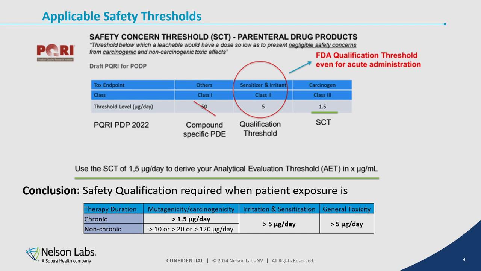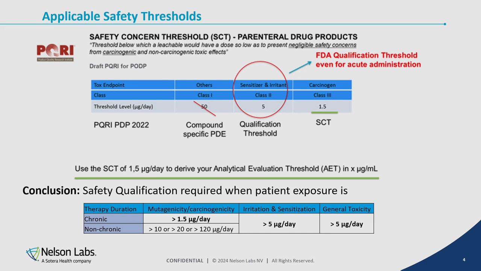For mutagenicity, for short term, you can go higher, but if it exceeds 5 micrograms a day, you have to go to the toxicologist. There is no generic alternative threshold like there used to be. If it's not mutagenic, not sensitizing, not irritating, you had 150 in earlier days as a generic safety threshold.